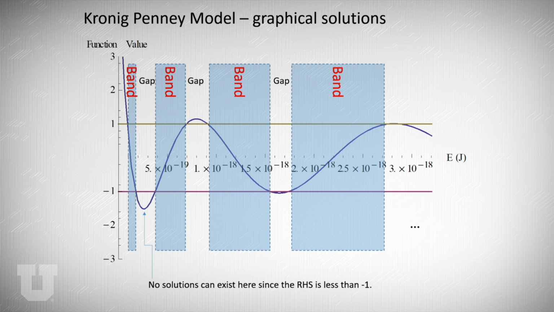So in terms of increasing energy, we start with a band gap where no solutions can exist, followed by a band of solutions, which are just like the ones that I talked about at the beginning of this section, where these energy levels split and form a continuous band of allowed states. And then another gap, another band, another gap, another band.